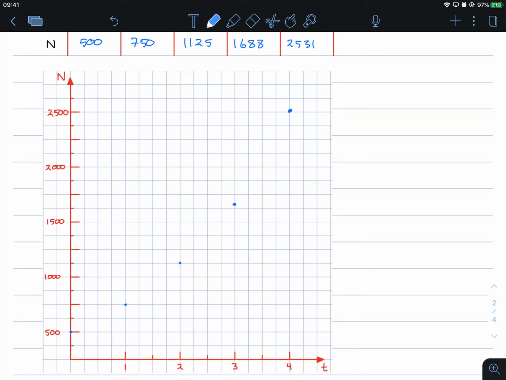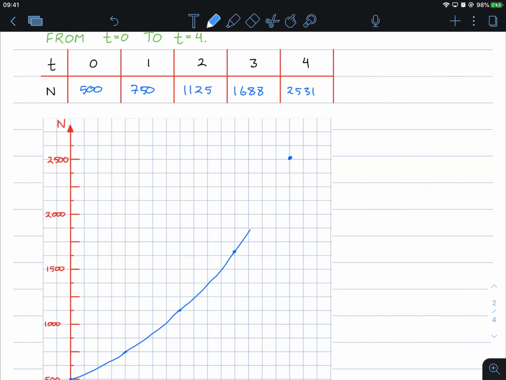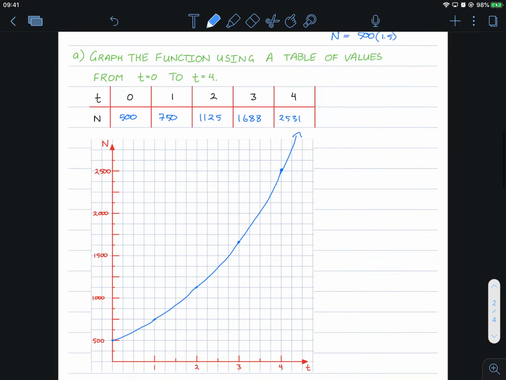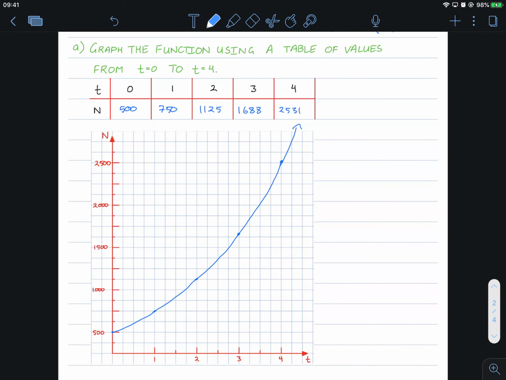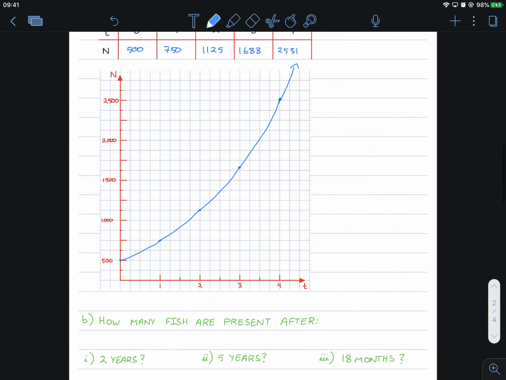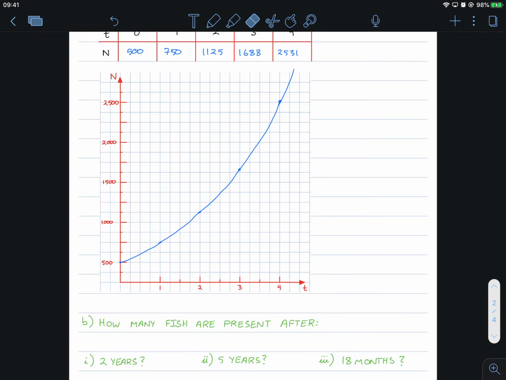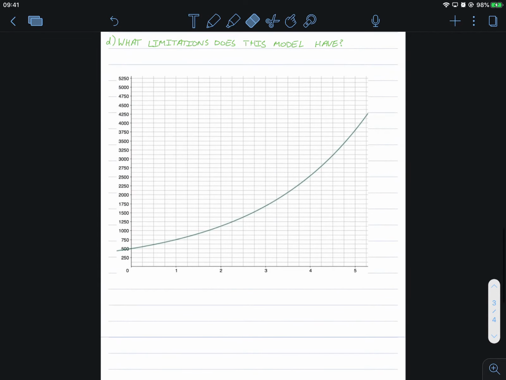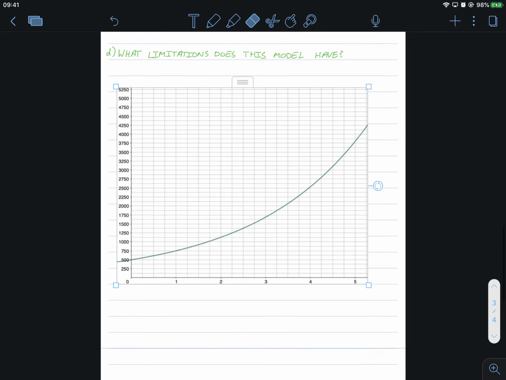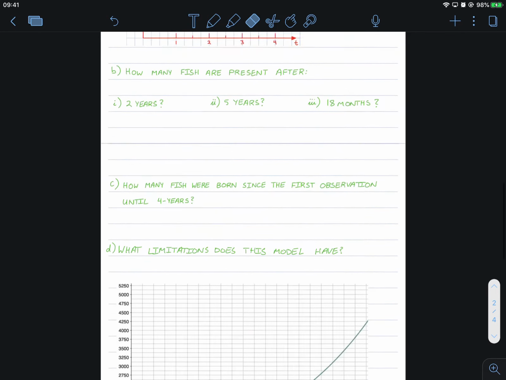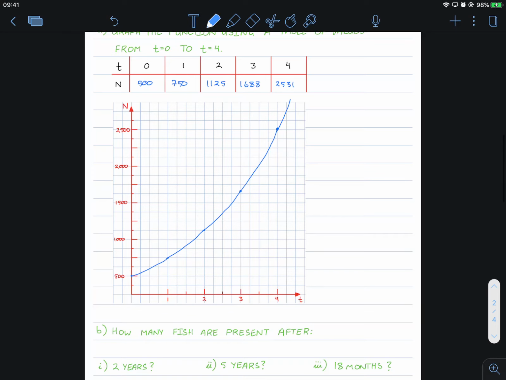Again, remember to make this as smooth of a line as you possibly can, drawing an arrow off into infinity. Now, of course, I was a little bit more properly prepared. I've actually prepared a proper one down here, so I'm going to be using and referring to this one instead. But yours should look somewhat like this.